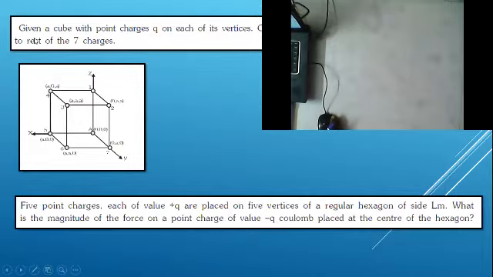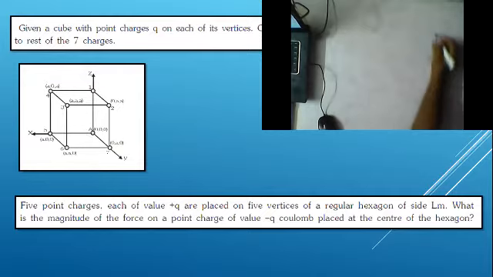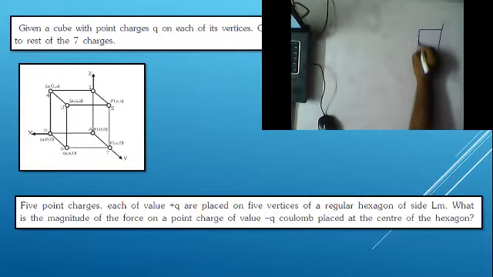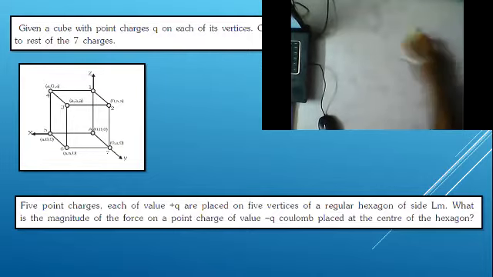So here, guys, a cube is given which has 8 charges. What is the force due to 7 charges on a particular charge? That is our question. We can draw the diagram here.